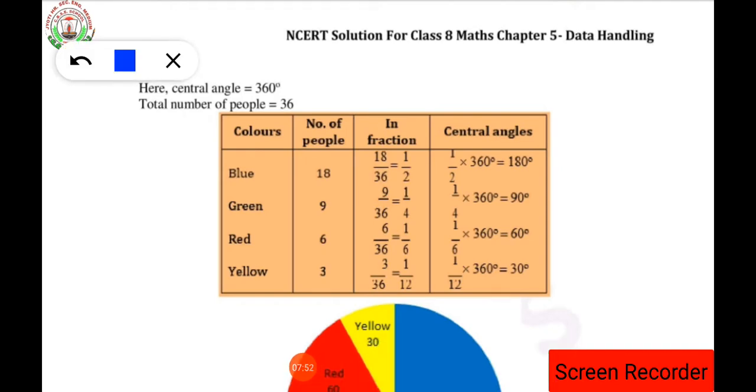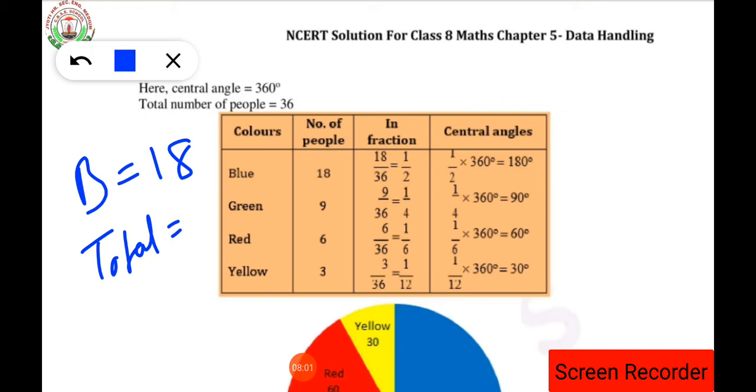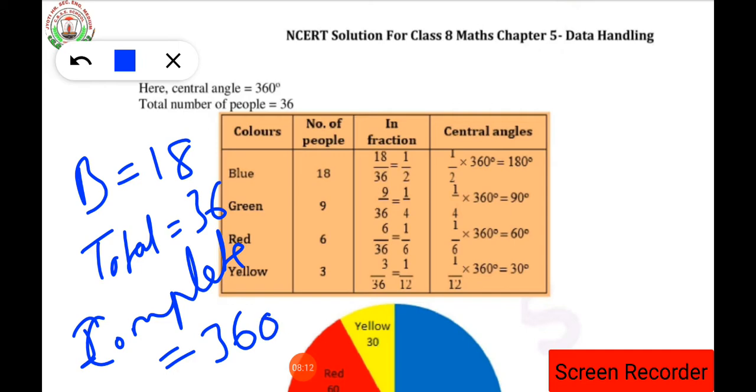Clear up to here? So what do we have? Blue color, how many people like it? 18 people. Total number of people is how many? That is 36. And what is the complete angle of a circle? It is equal to 360 degrees, isn't it? Using this data we are going to find the central angle.